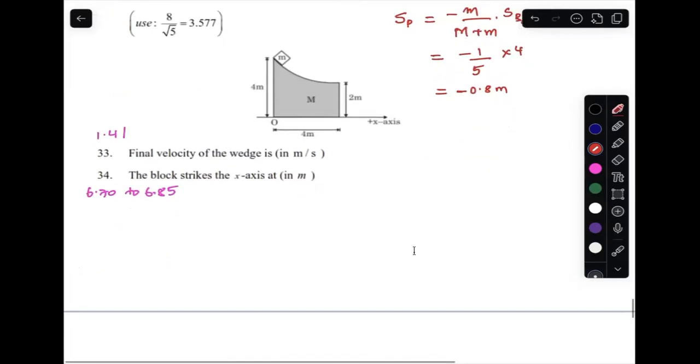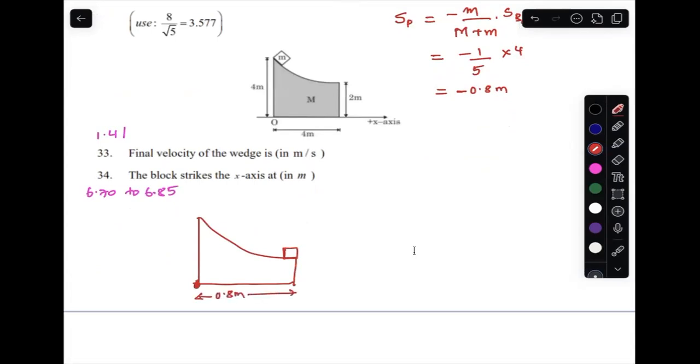Which means by the time the block reaches this end, this front end is at a location 0.8 meters from the origin.